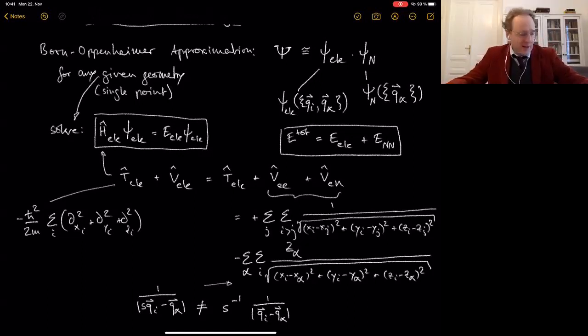So you cannot factor out your s like that if it's just in front of your q_i and not in front of your q_alpha.